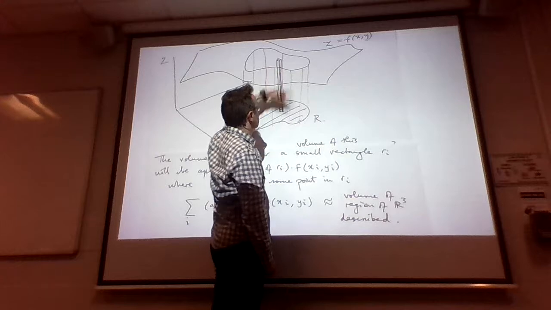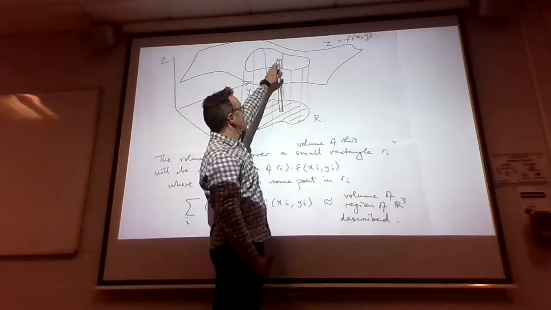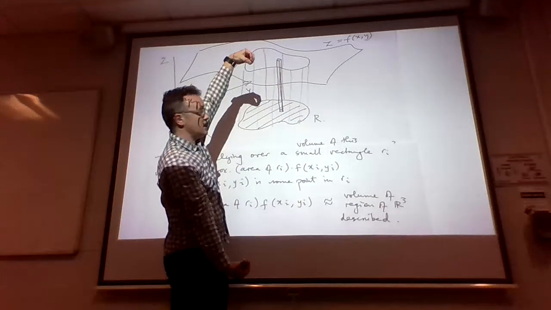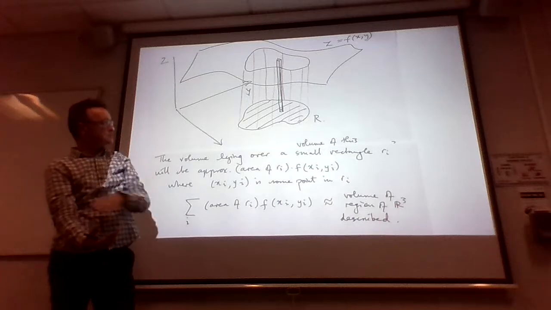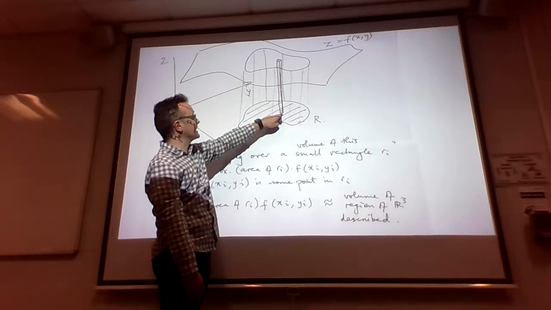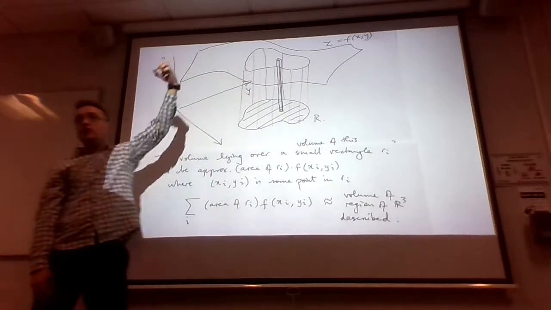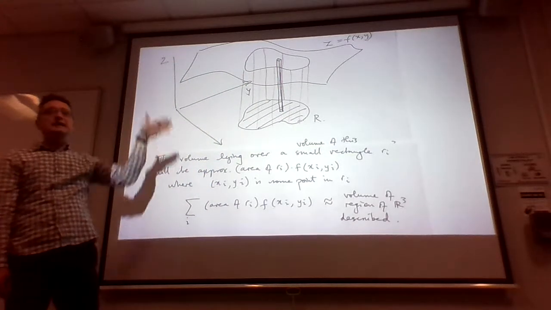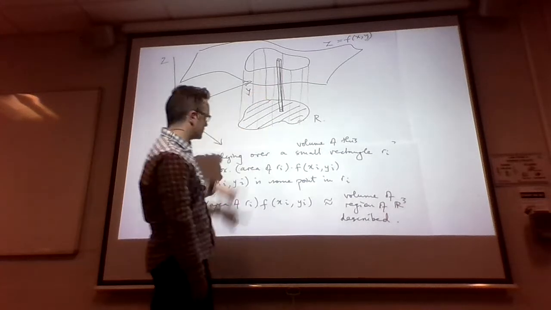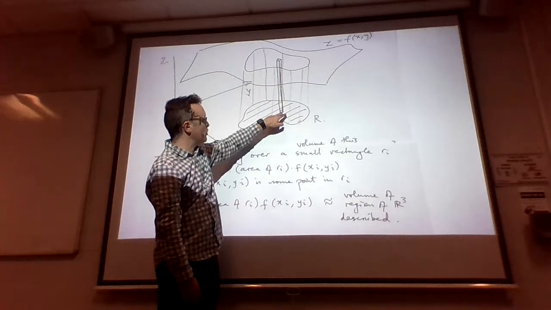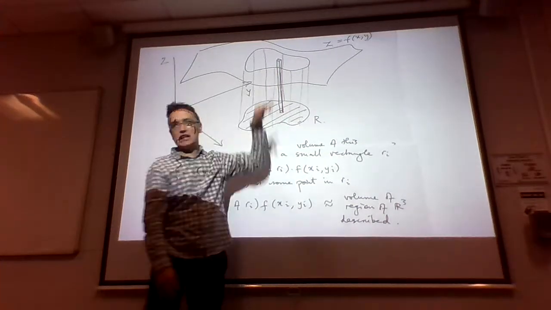But I'm just using a single point to represent the height of it. So bits of this tall, thin box or cylinder with the base of one of these small rectangles, bits of it at the top might poke out above the surface or might be underneath the surface, depending on how the surface is undulating. Because to represent the height, I'm just using a representative point xi, yi inside the rectangle and using the value of the function at that point.